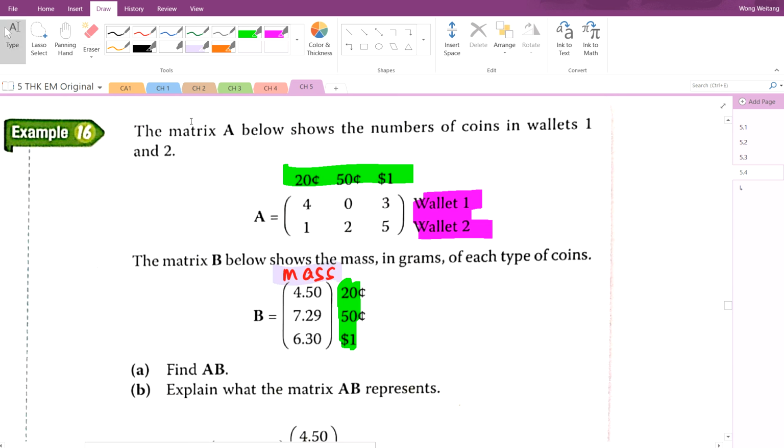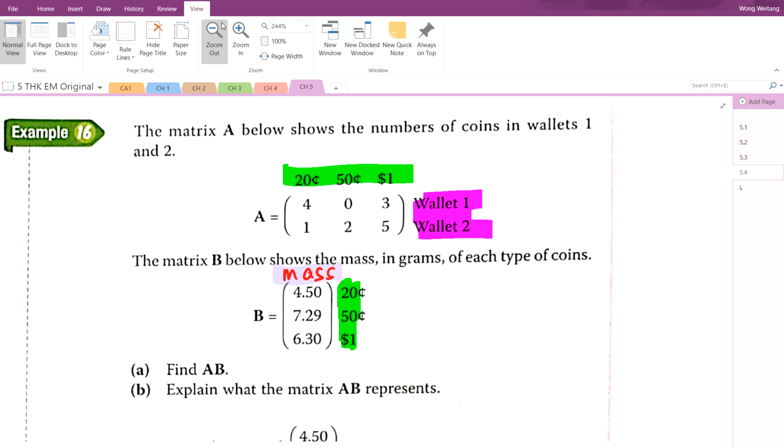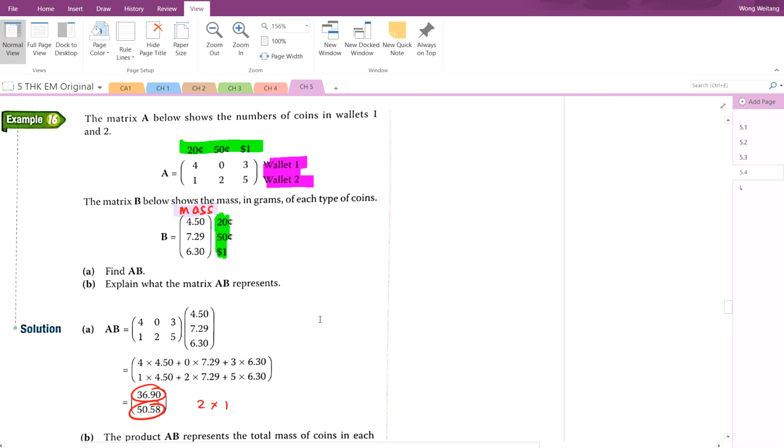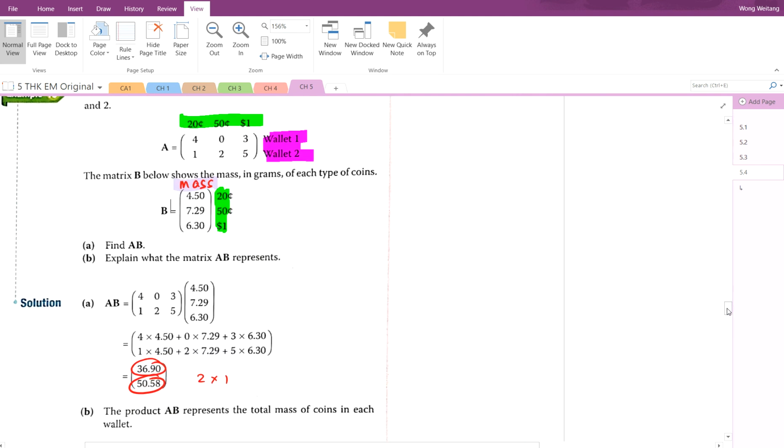Okay. Now in your final matrix, I want you to put down the headers according to the highlighted ones. What goes where? Which one has disappeared? Green, purple, or light purple? Which one disappears? Green will disappear because they are common. So now you have to decide where to put the wallet, where to put the mass.